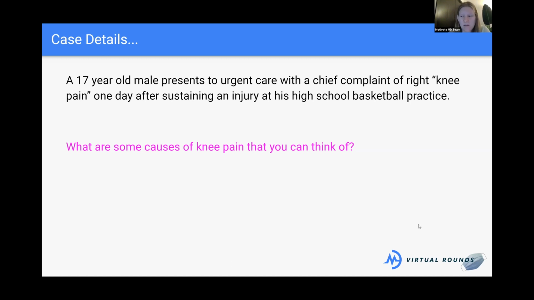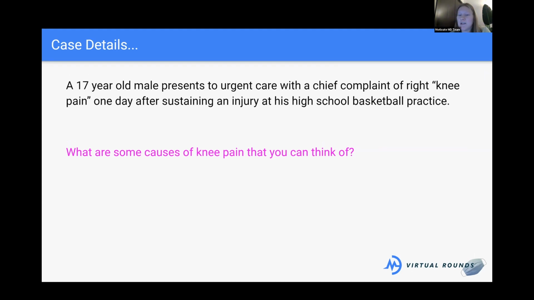So let's try to think of three things that can cause knee pain. Any ideas?